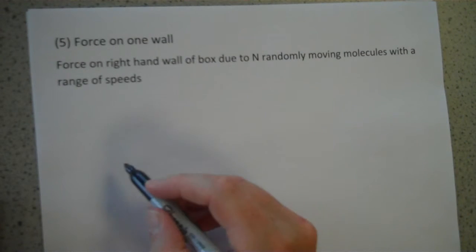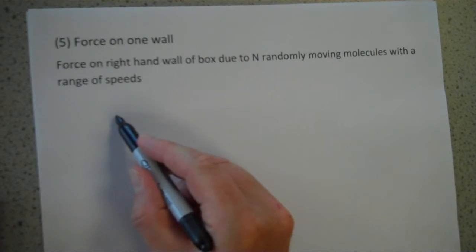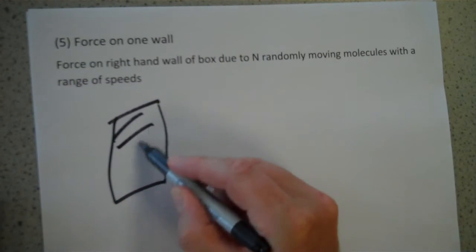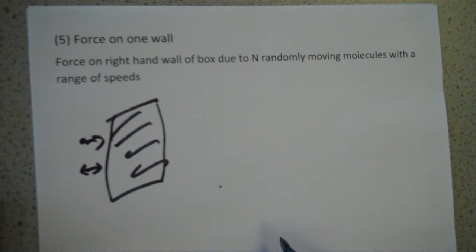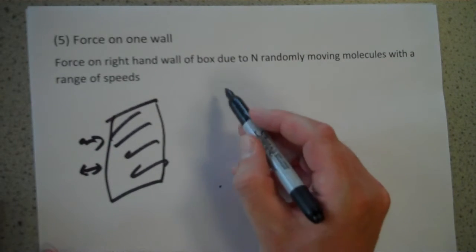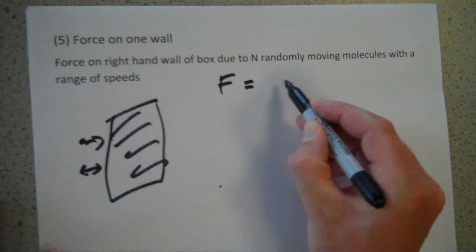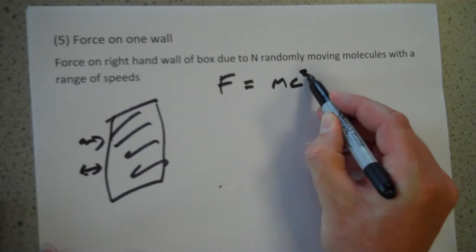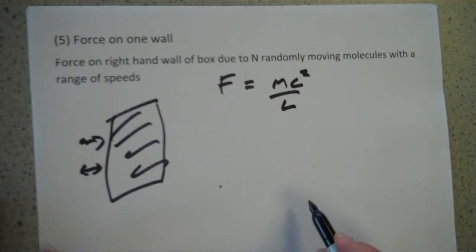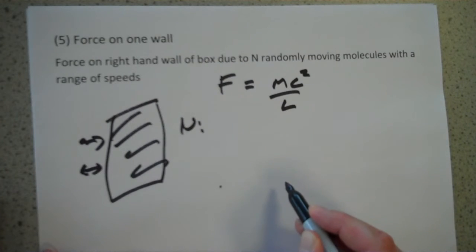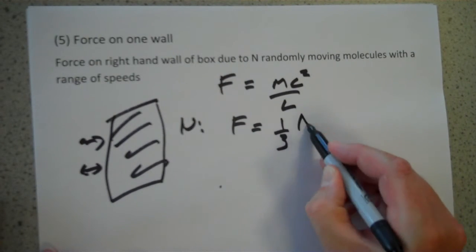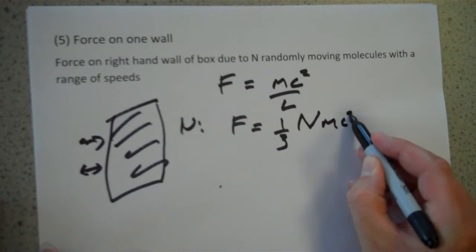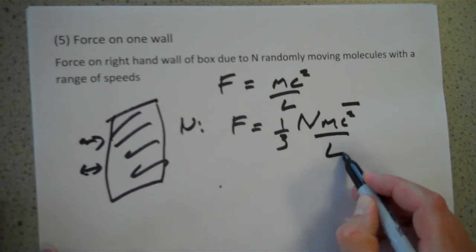So if we focus in just on the right-hand wall now, it's being bombarded by molecules, and we're interested in these n molecules. So we've got the force due to 1 equals mc squared over L. But due to n molecules, that becomes F equals a third n m c squared bar over L.